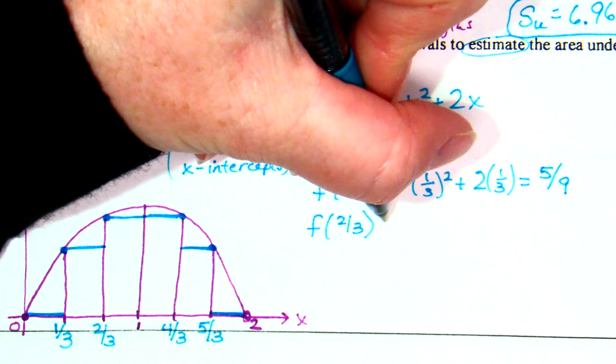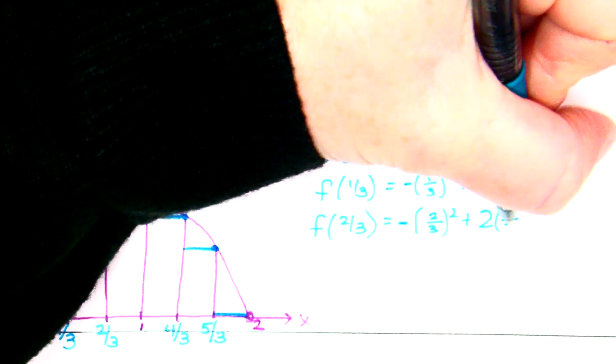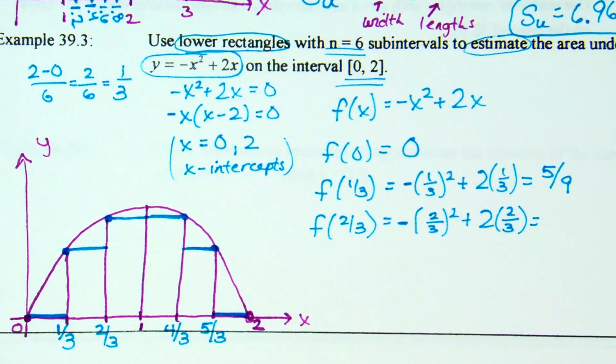If I do 2/3, the negative of 2/3 squared plus 2 times 2/3. Negative 4/9 plus 4/3.